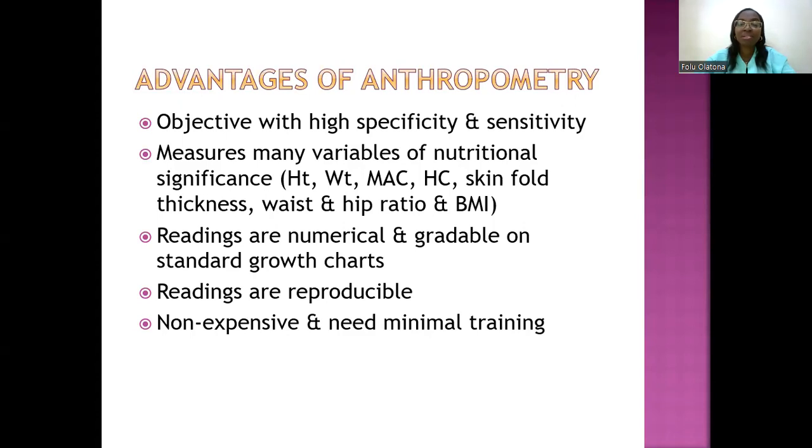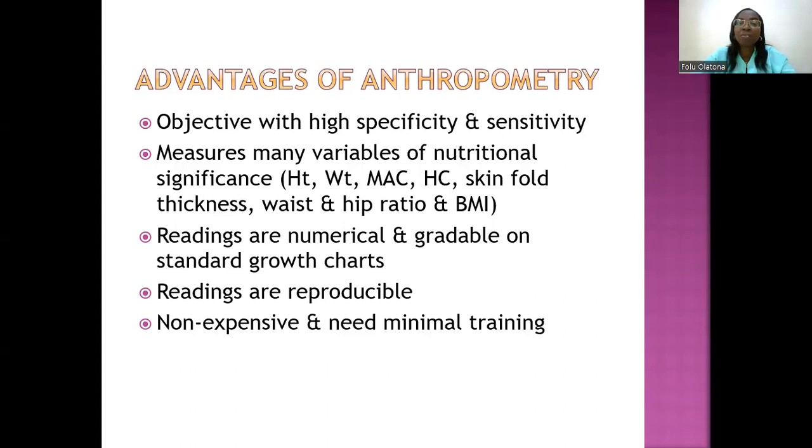That's another advantage compared to when you just examine clinically and you say somebody has cheilosis. And what is the level of cheilosis? We don't know. How serious? We don't know. You just say this cheilosis is a sign of vitamin B deficiency, but you don't even know how serious it is.